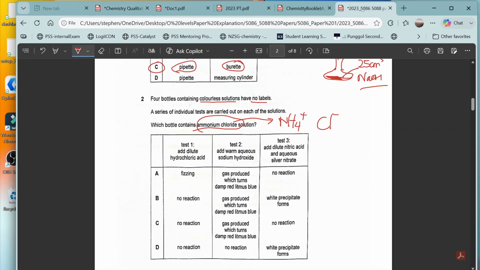So let's go back to the question. This solution contains ammonium. So definitely, if you add sodium hydroxide, there should be a gas produced which turns red litmus paper blue. So it looks like this is wrong. Okay, looks good, looks good, looks good.